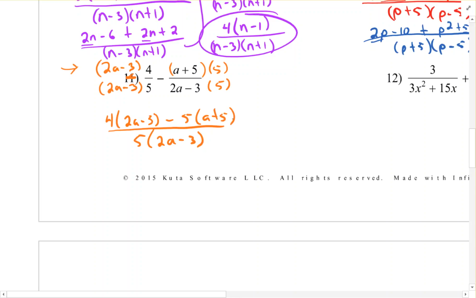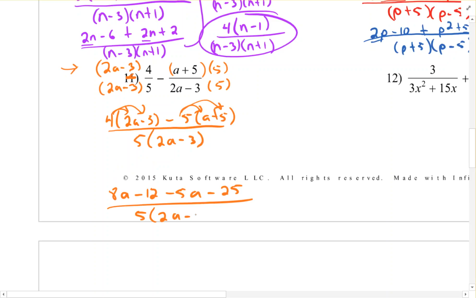Okay, expanding this, we've got that times that, negative 5 times both of those things. Don't forget about the negative. So that would be 8a minus 12, and then negative 5a, and then minus 25, all over 5 times 2a minus 3.